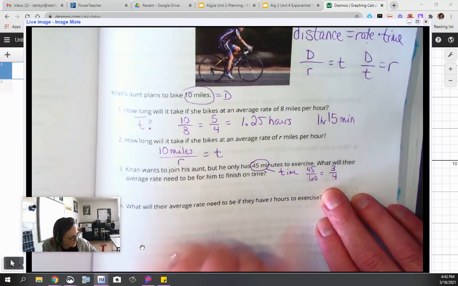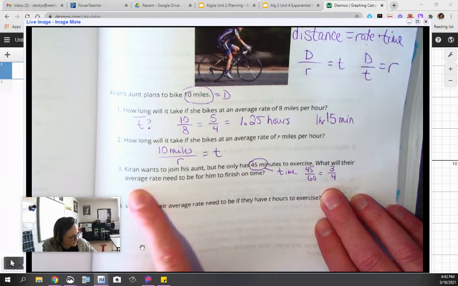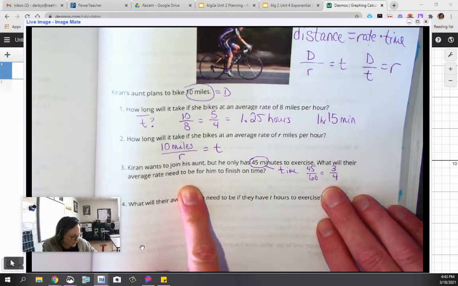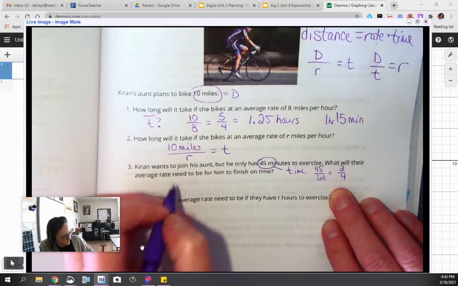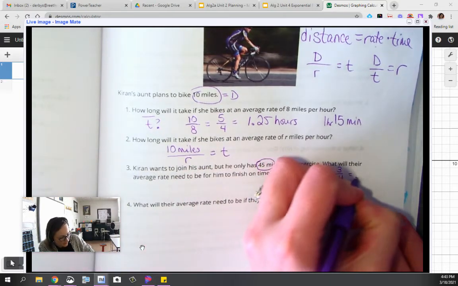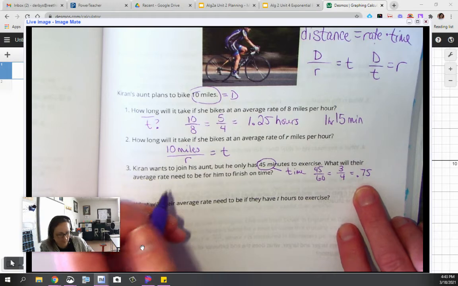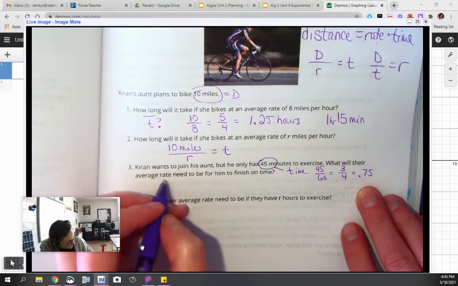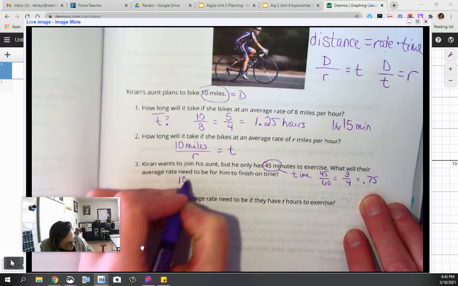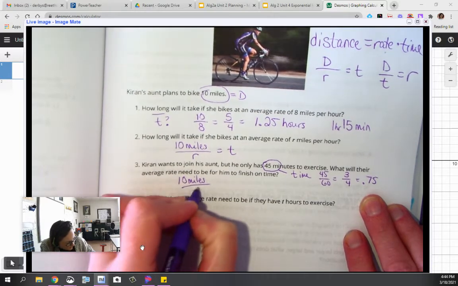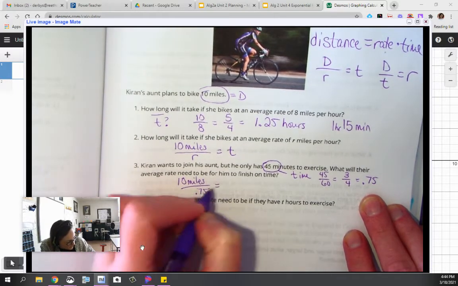Kieran wants to join his aunt. He only has 45 minutes to exercise. What rate do they need to go in order to make that happen and finish on time? I'm going to actually write this as 0.75, because that also means the same thing. 3/4 is 75 cents in a dollar. So they're still going to go the same 10 miles, but this time 0.75 is how much time they have.